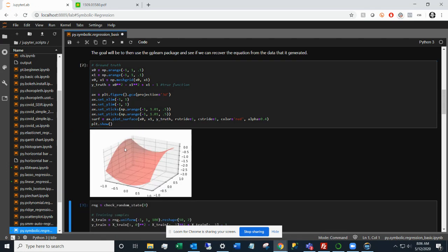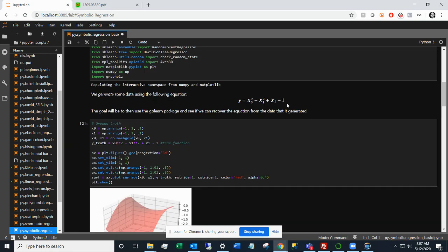And you'll see this complicated shape, sort of saddle shape. So we have x0 and x1 here, and then y is on the y-axis. And we see this three-dimensional complicated shape. What we're going to be doing is generating data points on this complicated surface, and then we're going to present them to the algorithm, hoping to recover this equation back.